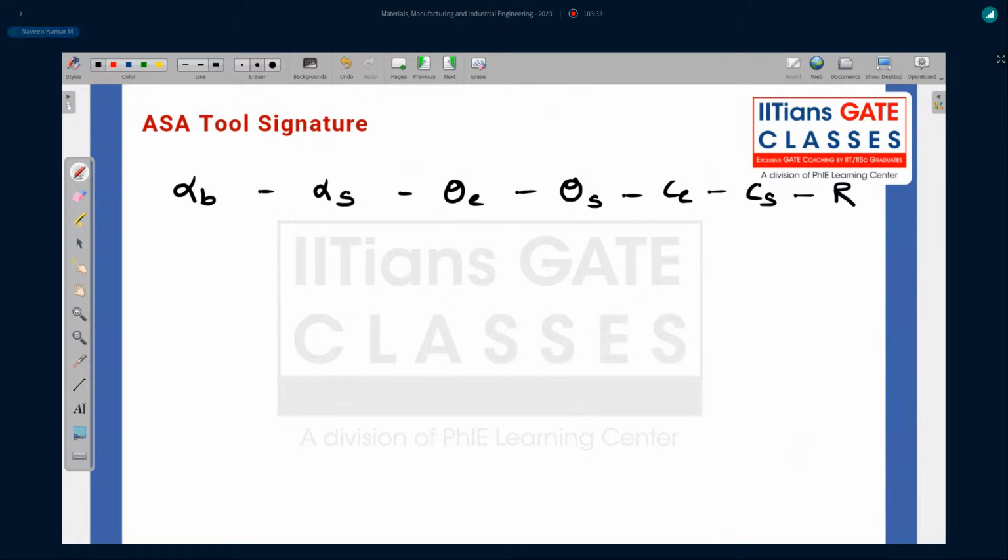Okay. So what is this? The first one is back rake angle. And what is this? Side rake angle. What is this? End relief angle.